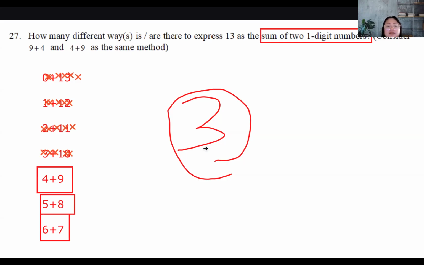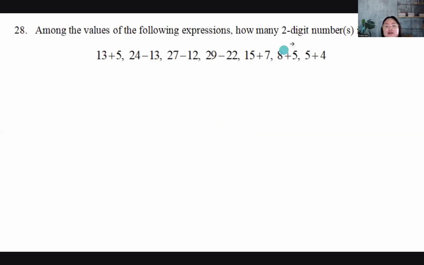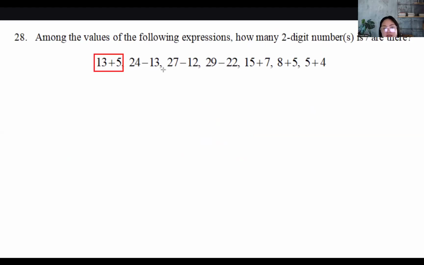All right, number 28. Among the values of the following expressions, how many two-digit numbers are there? So all you have to do is solve each of the expressions. Let's differentiate first all of the expressions so that we are not going to get confused later on.